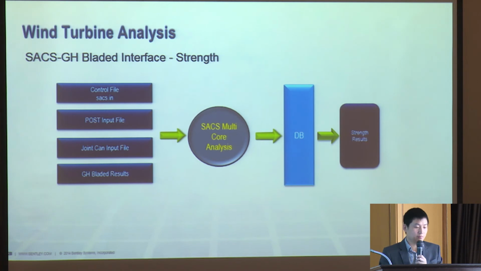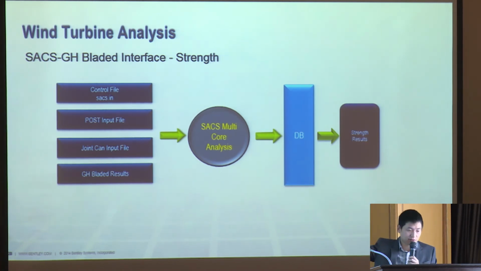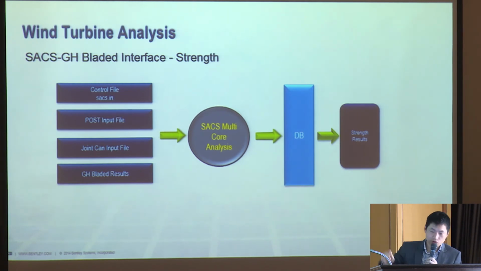And SACS will use the multi-core analysis capacity to get the database and for the post strength check. 그리고 멀티코어 해석을 통해서 이 DB로 값을 가져가고 여기에서 스트렝스에 대한 결과값이 나오게 됩니다.